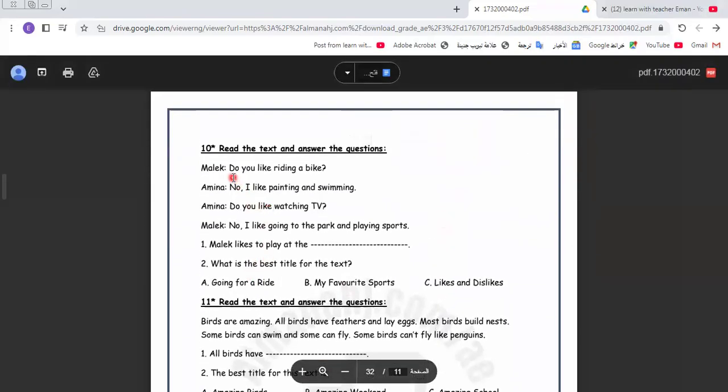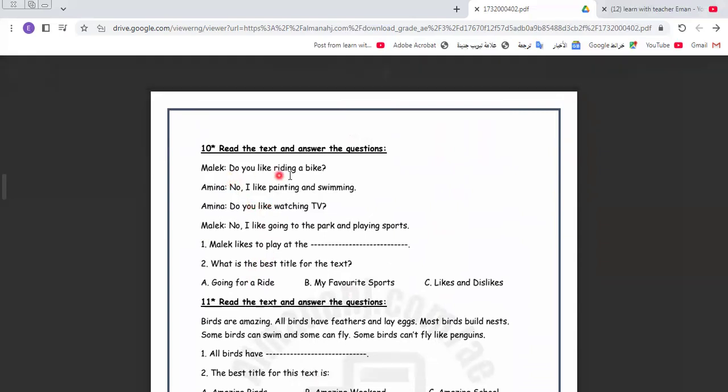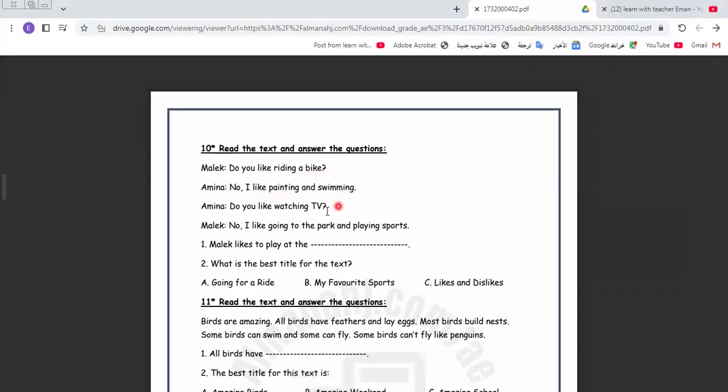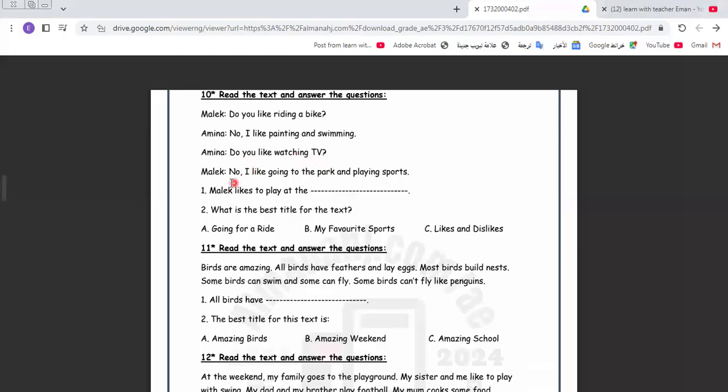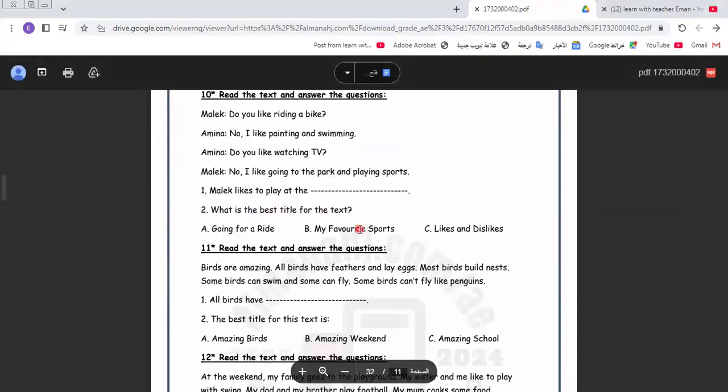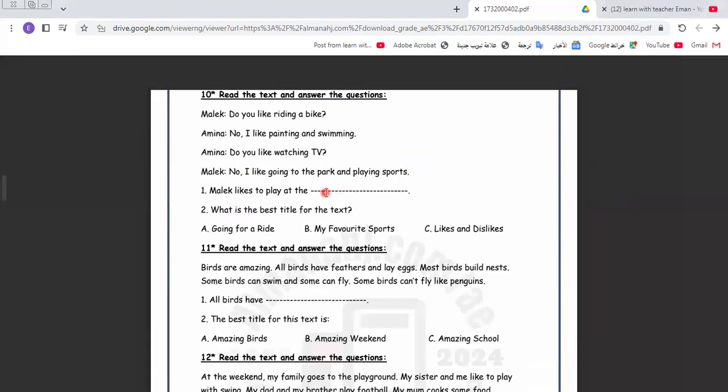Here is the dialogue. Let's read it together and answer the question below. This dialogue is between Malak and Amina. Malak: Do you like riding a bike? Amina: No, I don't. I like painting and swimming. Malak: Do you like watching TV? Amina: No, I like going to the park and playing sports. Malak likes to play at what?